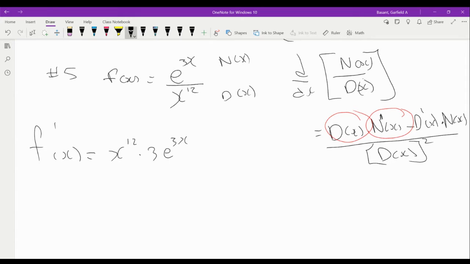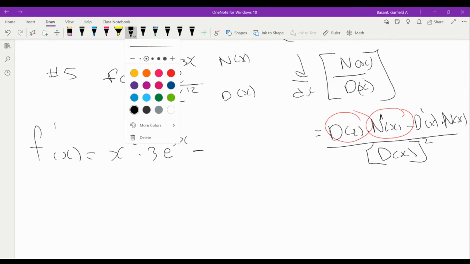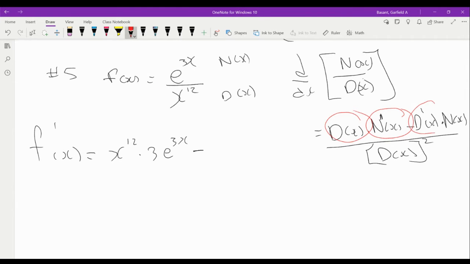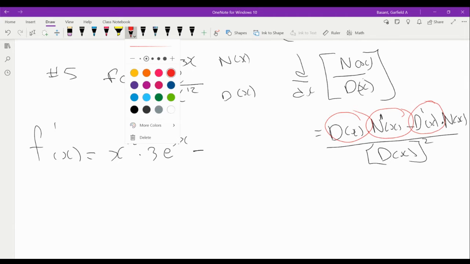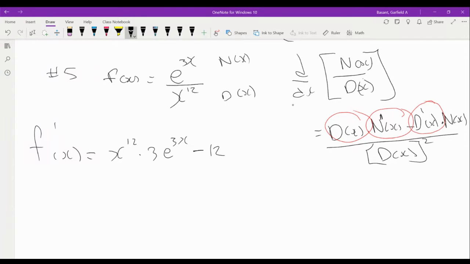What do we do now? We subtract. We're just following the rule. We subtract the derivative of the denominator. So what's the derivative of x to the 12th? 12x to the 11th power.